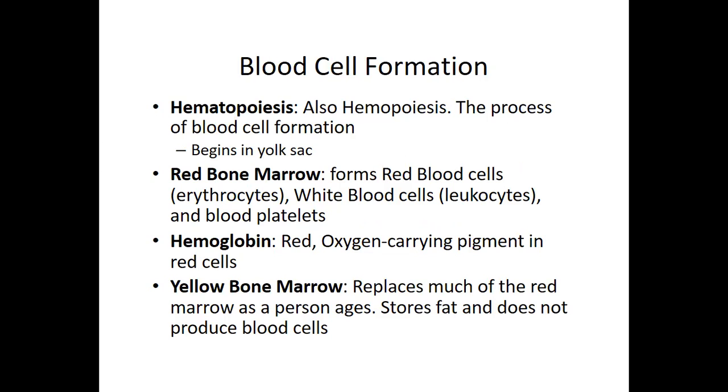So now let's talk about blood cell formation. We mentioned that your bone marrow is the site of blood formation in your body. This process is called hematopoiesis, also called hemopoiesis.